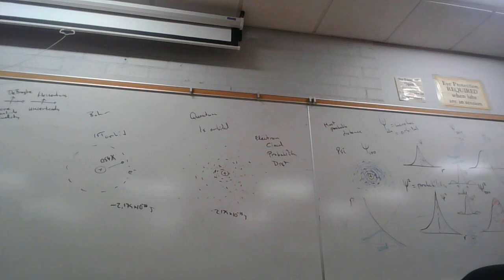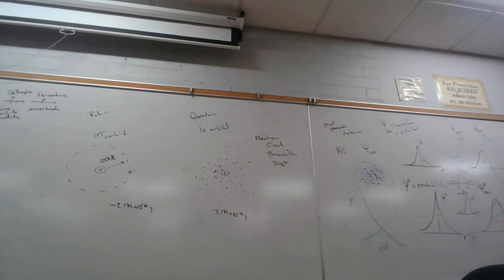So this is the 2-1-1 orbital. There are n-1 internal nodes. There's also a node at infinity.